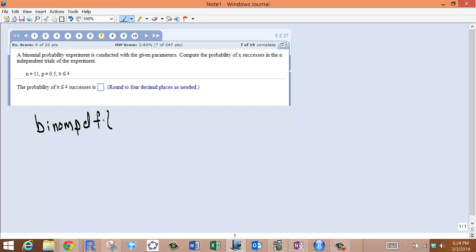PDF, and the arguments here are n, p, and x. Now remember, we say that x follows a binomial distribution with two parameters, n and p.